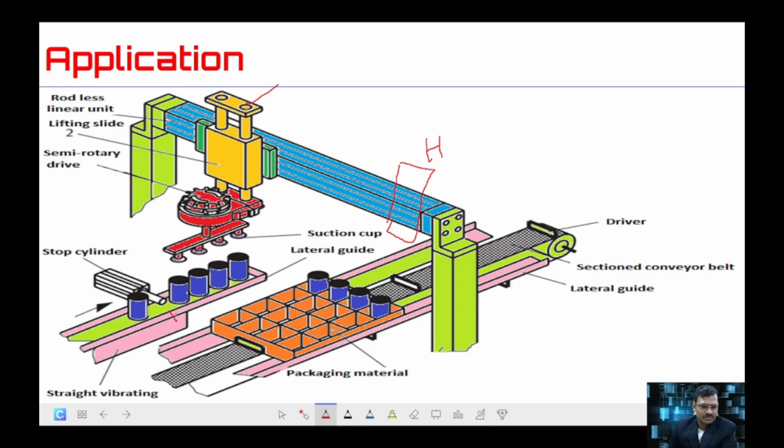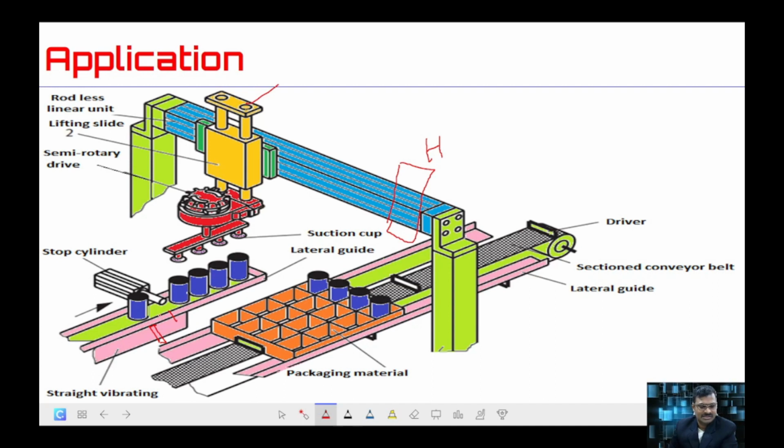So here we are going to place a sensor. Say for example LS1 will be placed here. Whenever the sensor is sensing the object and the required count is reached, say for this example the count 4 is reached, then the stopper cylinder will move forward, so that the piston will come forward and stop the further movement of the objects.